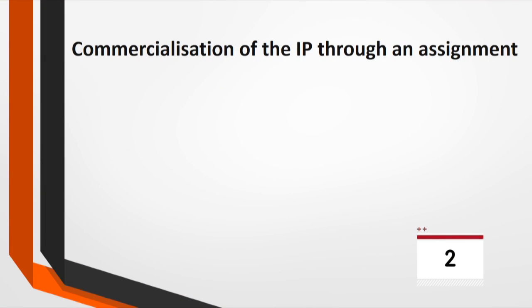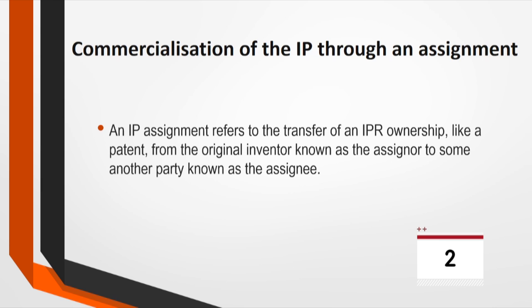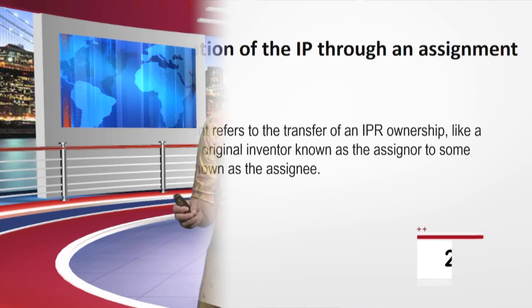So, the second technique is commercialization of the IP through an assignment. Now, what is an assignment? An IP assignment refers to the transfer of IPR ownership, like a patent, from the original inventor, who will be known as the assigner, to another party, who will be known as the assignee.